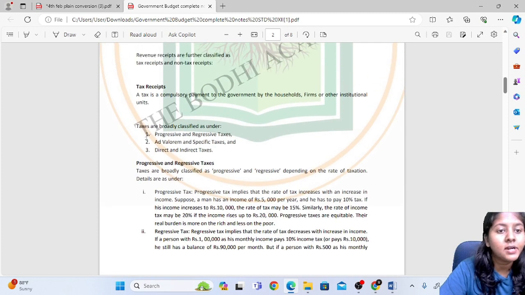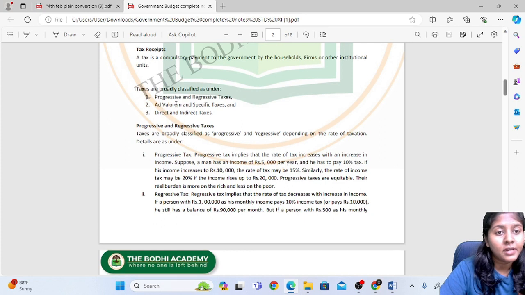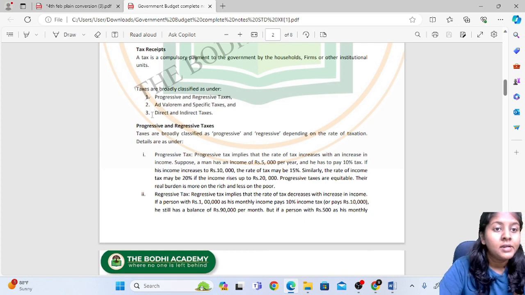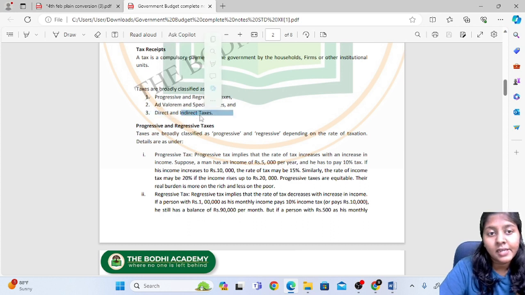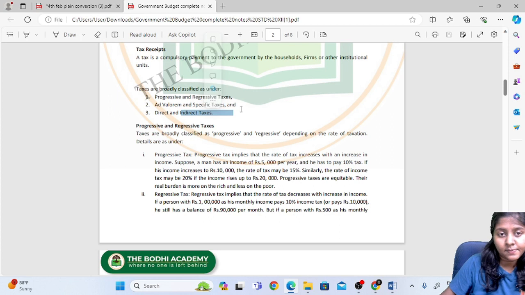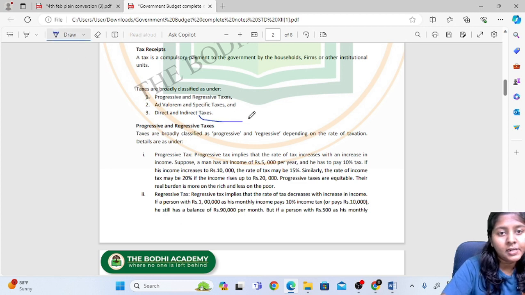Also, we have studied the different tax receipts, that is progressive and regressive, ad valorem, direct and indirect tax. Direct tax includes your wealth tax and your income tax. Indirect tax is basically your GST. Indirect tax is levied on goods and services.